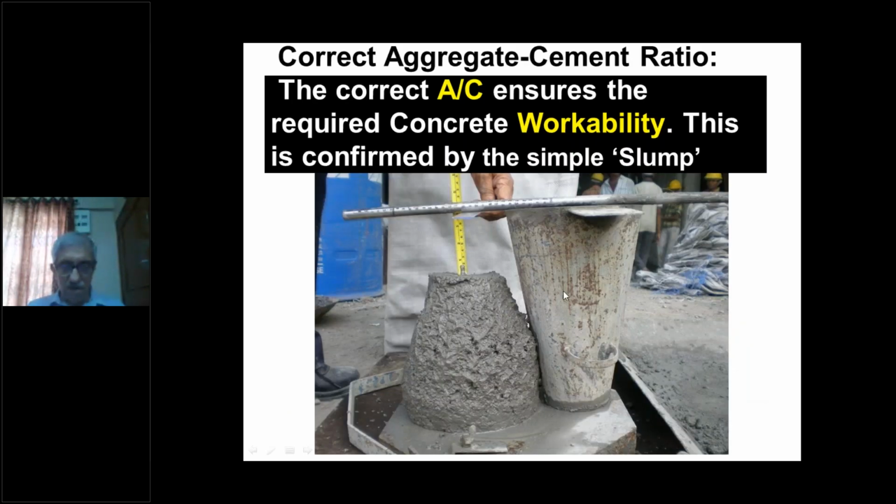The cone is exactly 300 millimeter tall, and when you lift it up gradually, the concrete slumps. Then the rod which you use for tamping is put onto the inverted slump cone, and the slump is measured at the top. There are always debates whether you measure from the highest point, lowest point or midpoint. We would prefer if you measure it at the midpoint.